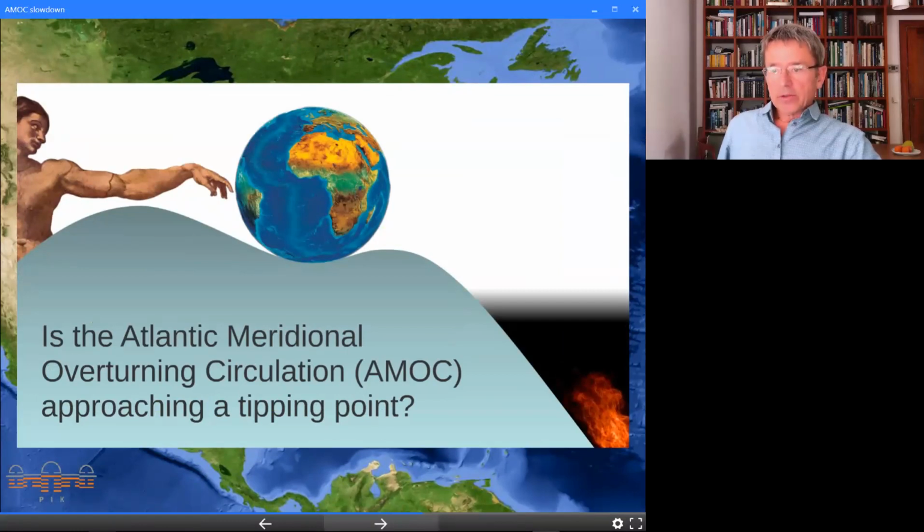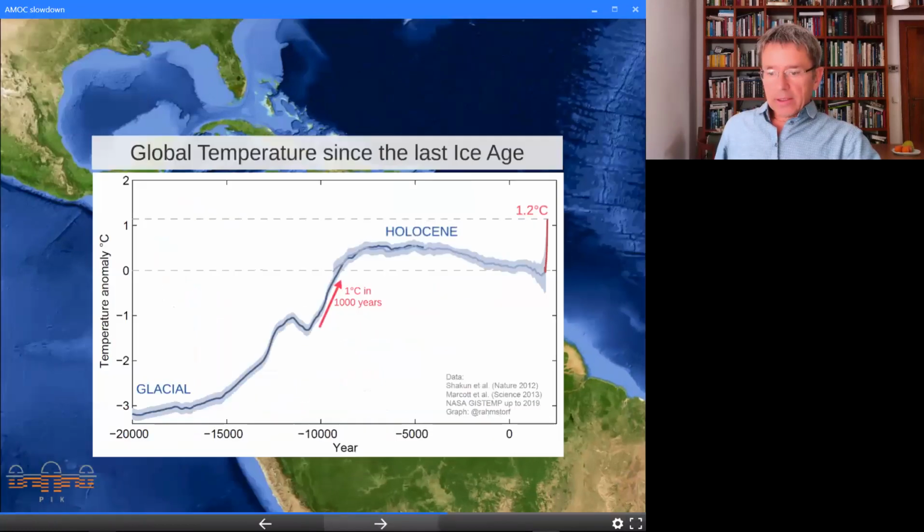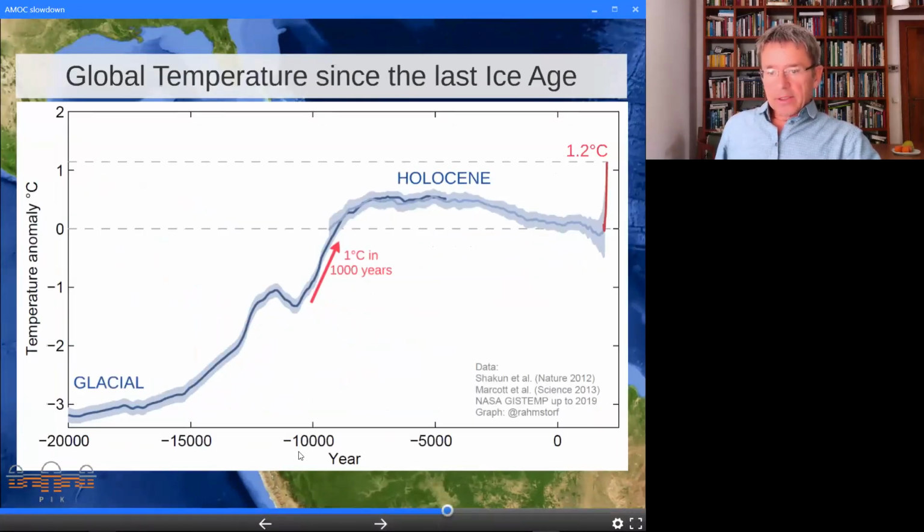Now I want to finish up with the question that gets always asked, are we approaching a dangerous tipping point where the Atlantic circulation could break down? Let's have a look what is happening. Where are we now?